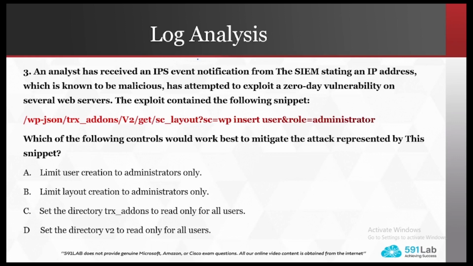Here is the reason. A, because of the attack intent: the exploit aims to leverage a zero-day vulnerability within this Tribes add-on. This plugin is directly associated with a WordPress plugin or theme. The snippet attempts to access the WP JSON endpoint, which often provides programmatic access to WordPress functionality.